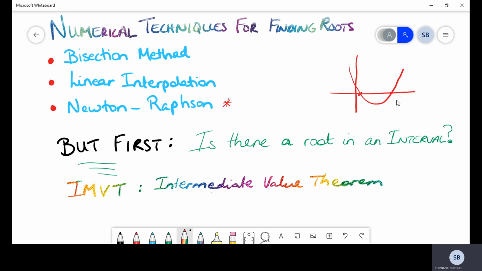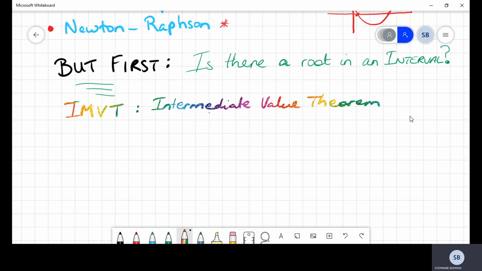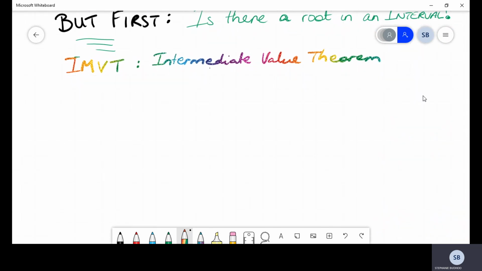So let's consider a question. Let's consider the function being equal to, let's just say, x minus 2 all squared, subtract 7.